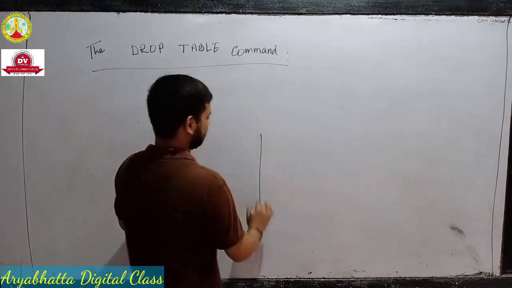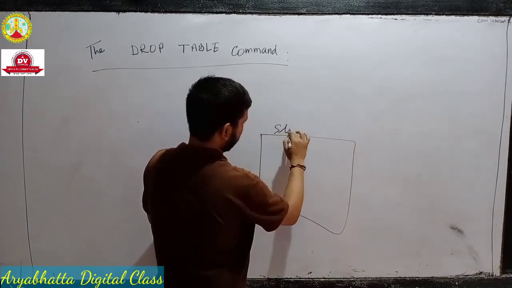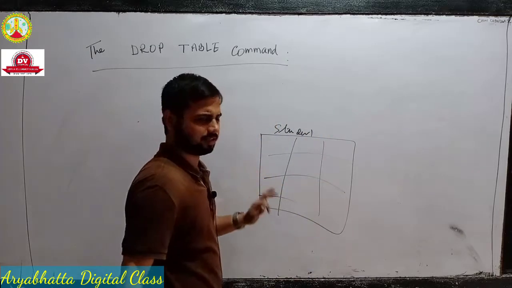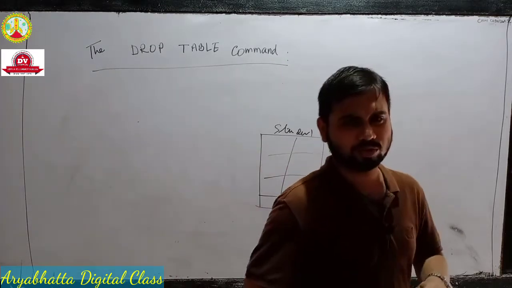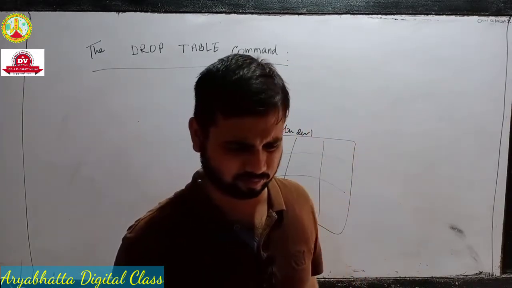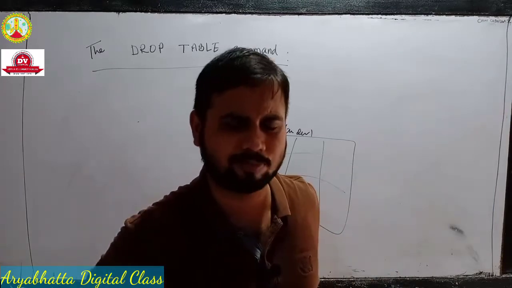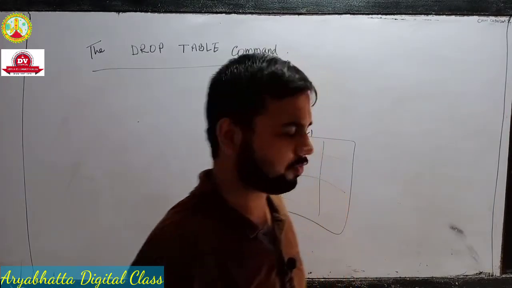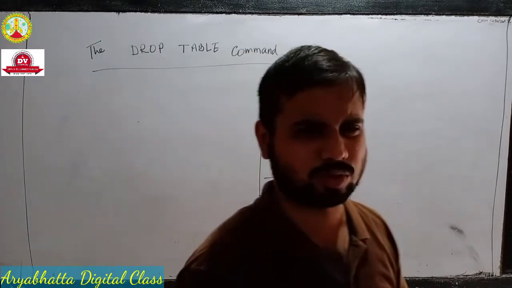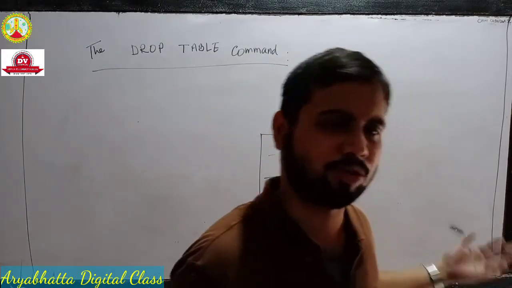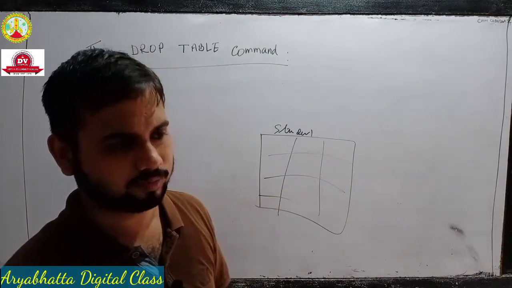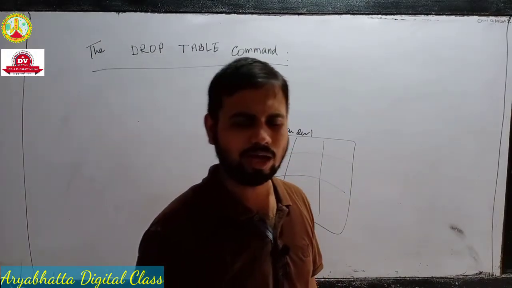Suppose there is a table student, and the table has suppose 3 or 5 tuples. But if this table is already used, your purpose is already fulfilled by this table, and you think you no longer need this table, its working is already done, then why do you store this table?